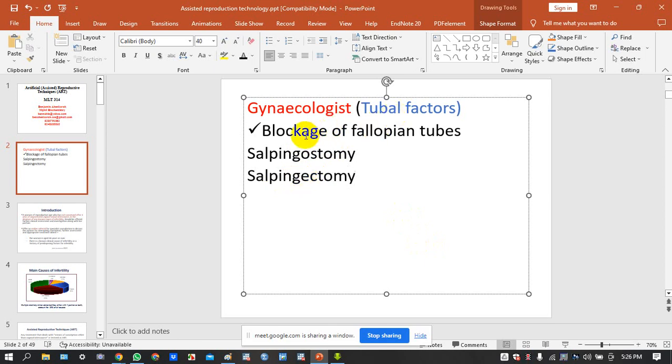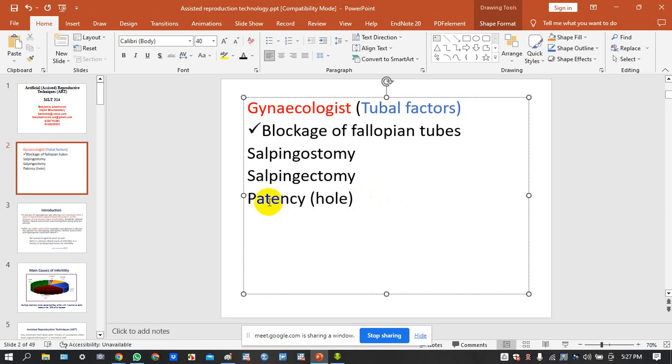There is no patency. There is no hole for the sperm to travel through. There should be a hole or a pavement, a path, so that the sperm can travel through. So that is what we call patency, or hole, for the sperm to travel through.